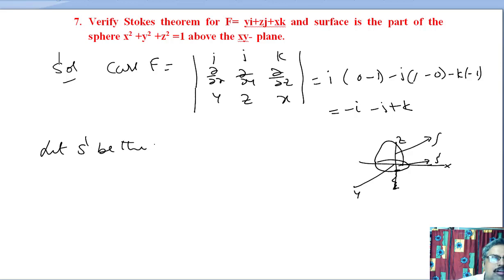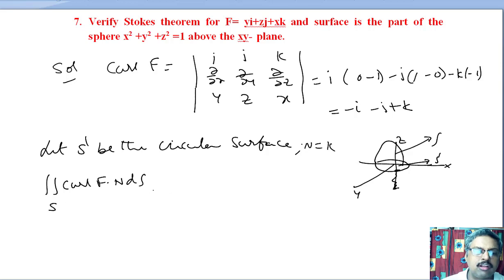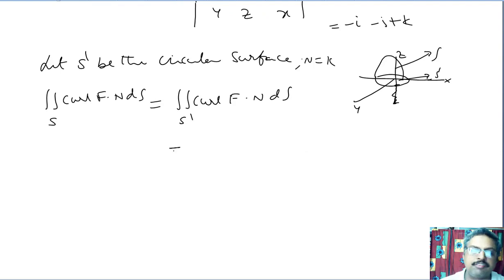Let S dash be the circular surface. Instead of S, we are finding S dash like our previous problem. So for the double integral, here n equals k. Outside normal is k. The double integral of curl f dot n ds over the surface S is the same as the double integral of curl f dot n ds over the surface S dash. S dash is this surface.